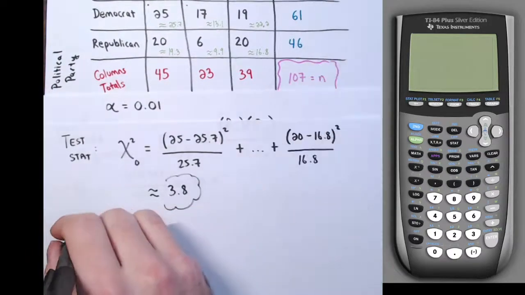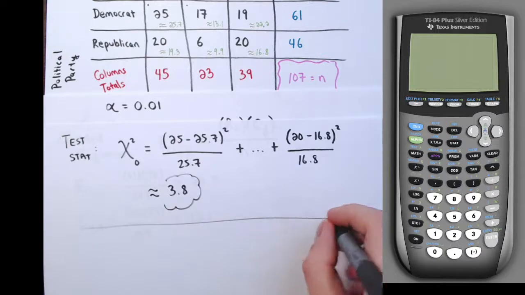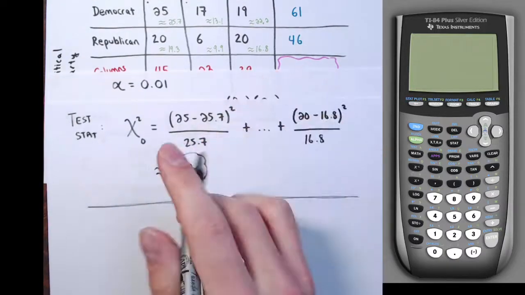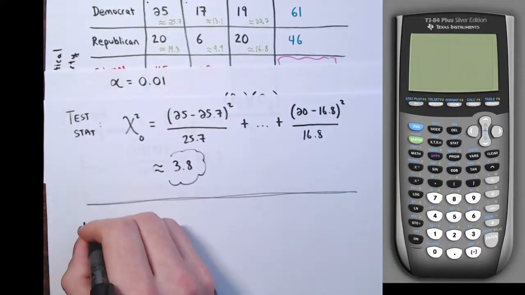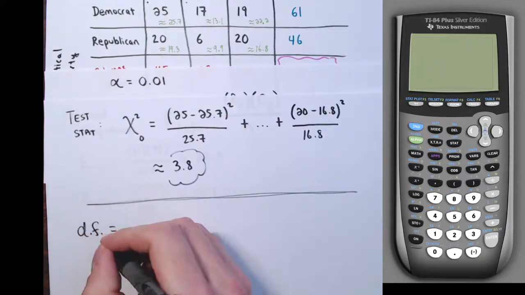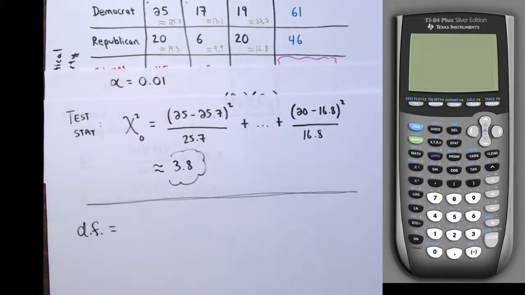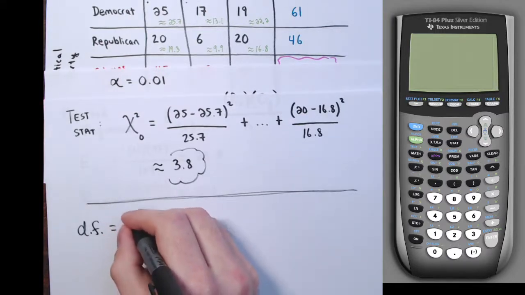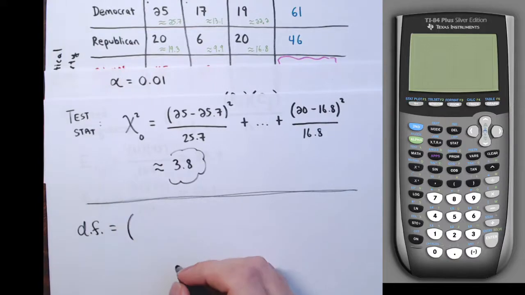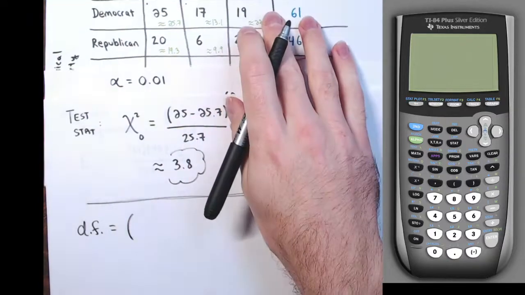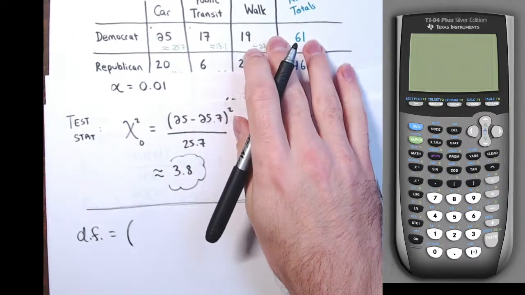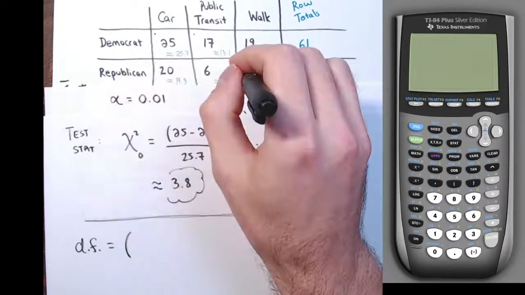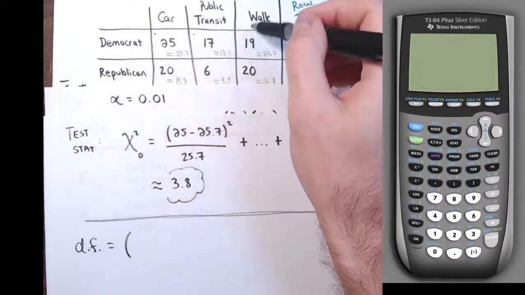Now, in order to determine that, we need to know how many degrees of freedom, df, there are going to be for this chi-square distribution we're going to look at. Now, if you recall, this is going to be the same as for the independence tests, for the homogeneity test here. Look at my contingency table, there were 2 rows, 3 columns.